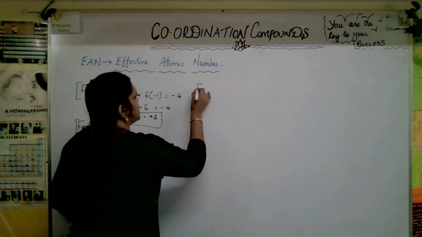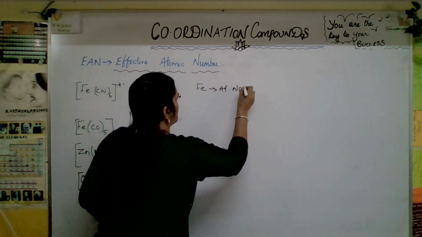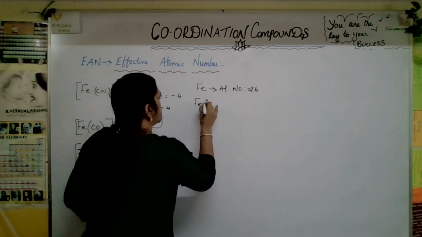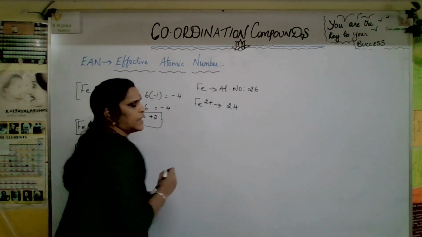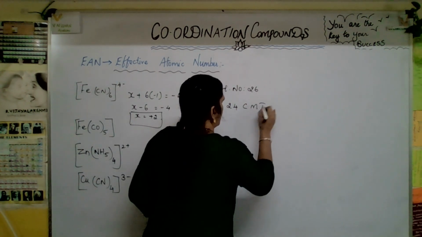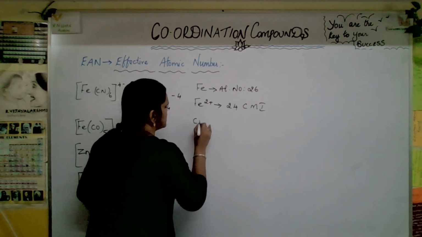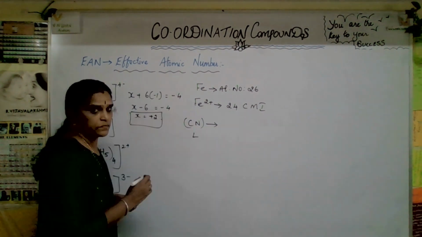Now iron, Fe, atomic number of iron is 26. So Fe2 plus, right? So here 24 electrons are there for the central metal ion. Now, ligands, how much are they giving? CN is a ligand, no? How many electrons can it provide?